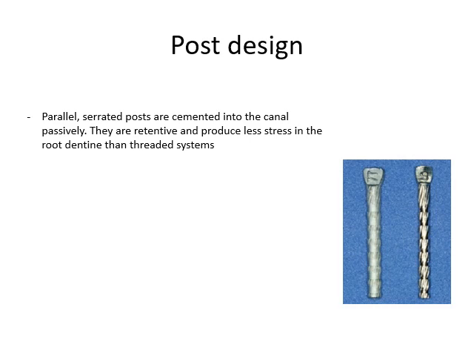In conclusion, parallel serrated posts are cemented into the canal passively, so there is no stress, but as they are parallel-sided, they are retentive, producing less stress in the root dentin than the threaded system.